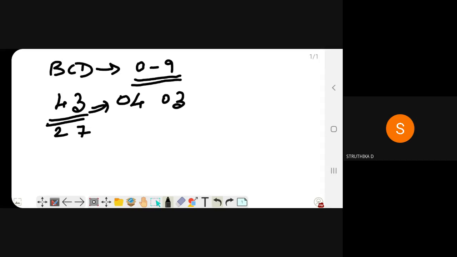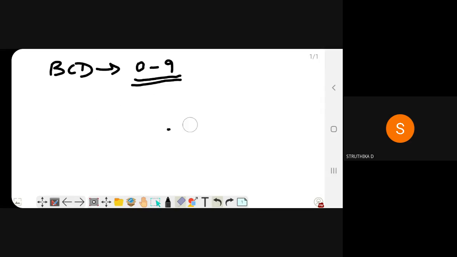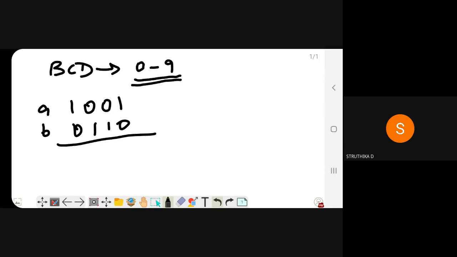What is the binary equivalent for 4? So I'm going to add 1001 with 0110. This is 6. So I'm going to add 9 with 6.